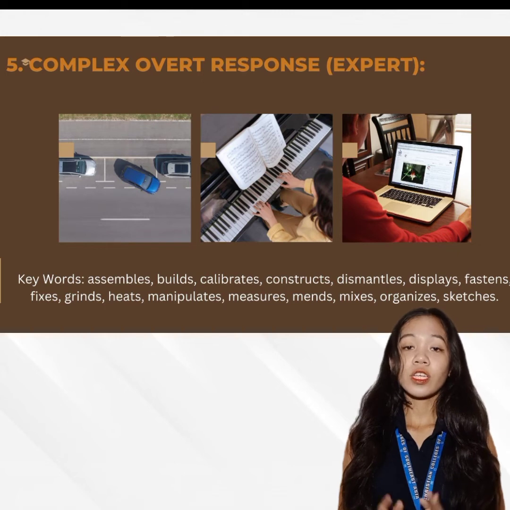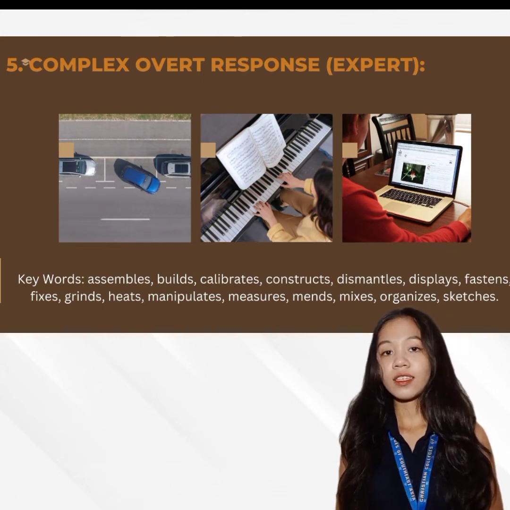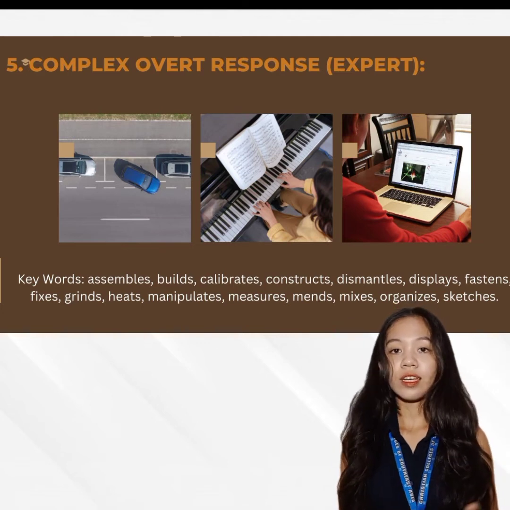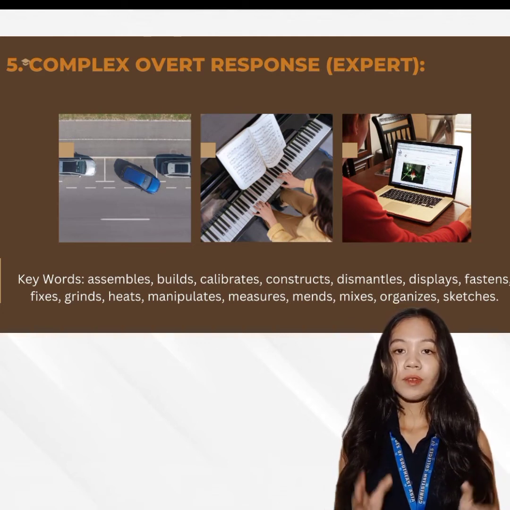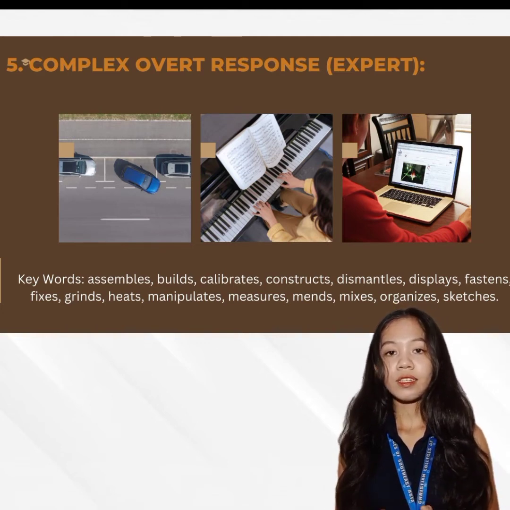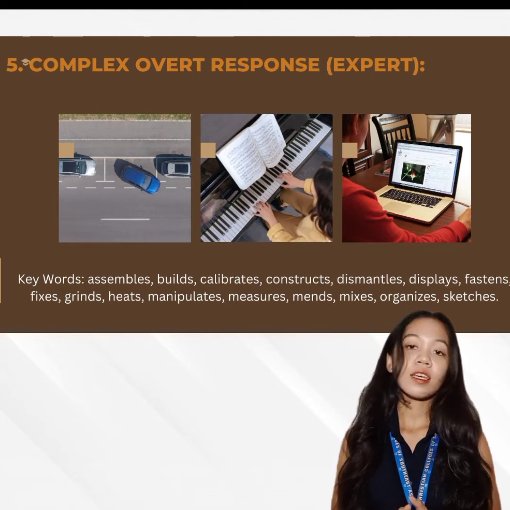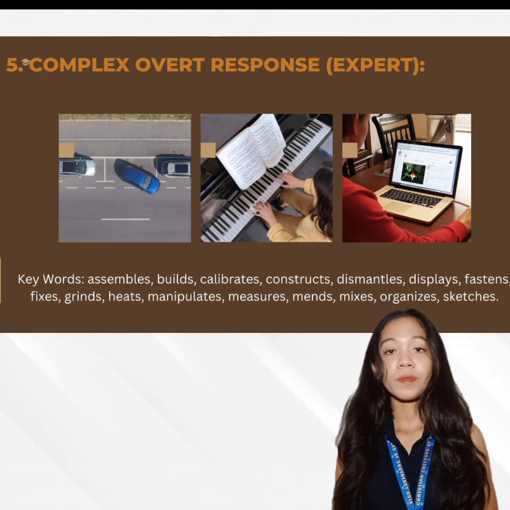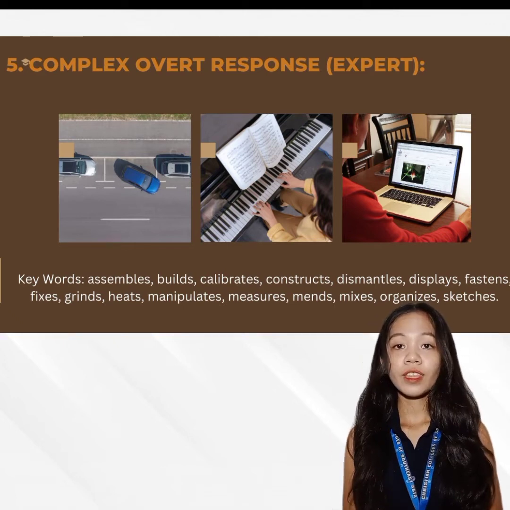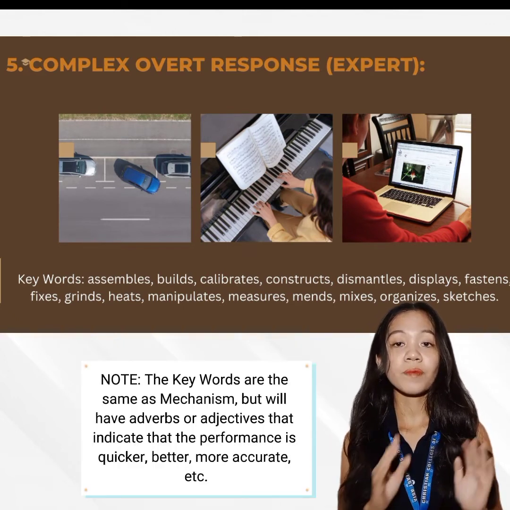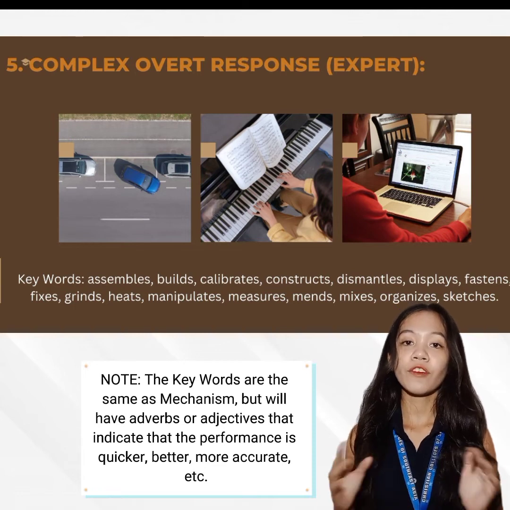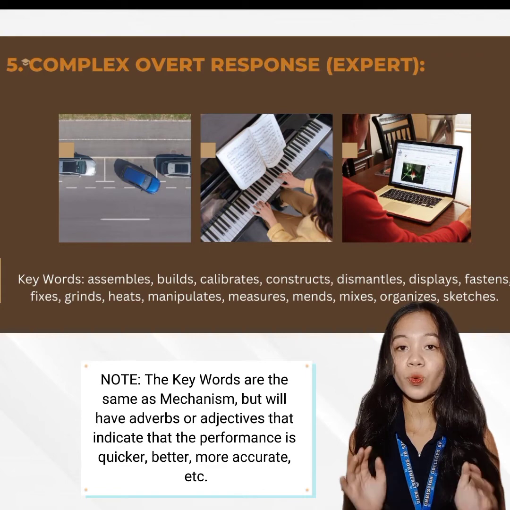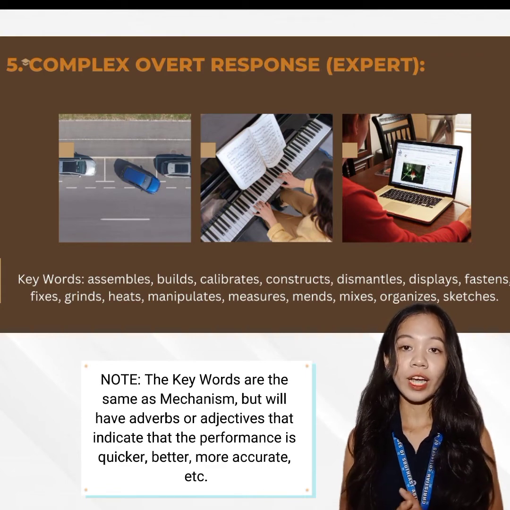These are the keywords: assembles, builds, calibrates, constructs, dismantles, displays, and fastens. These are common and the same as the mechanism. Note that the keywords are the same as mechanism, but will have adverbs or adjectives that indicate that the performance is quicker, better, more accurate.